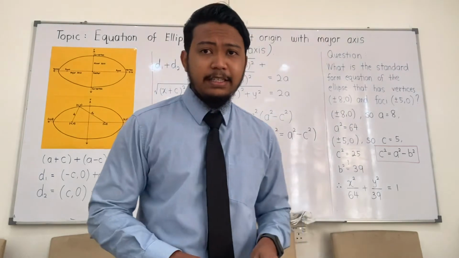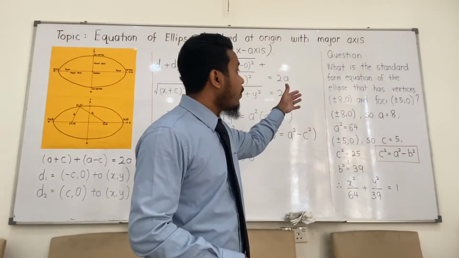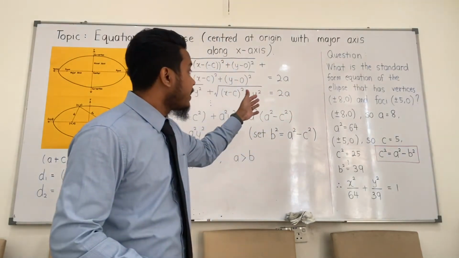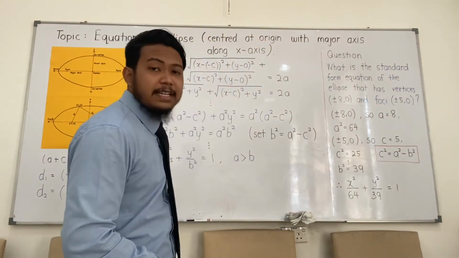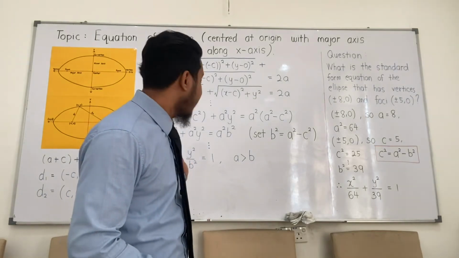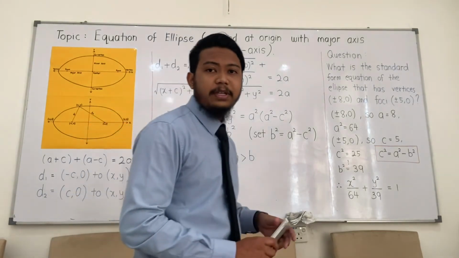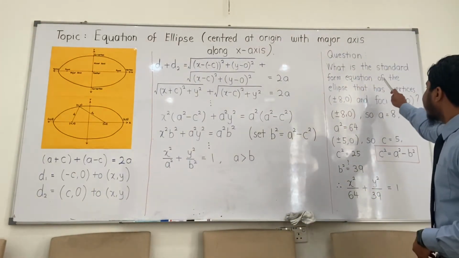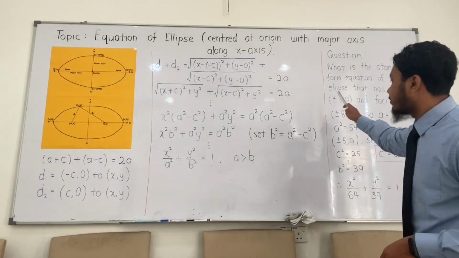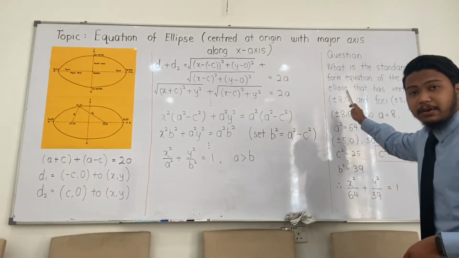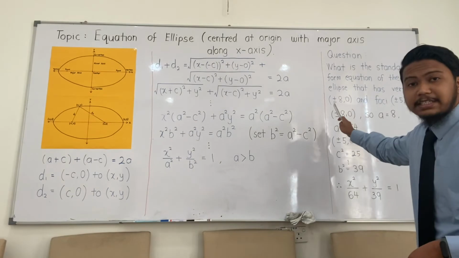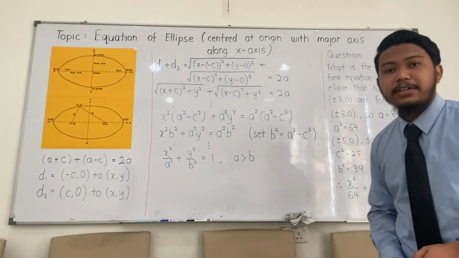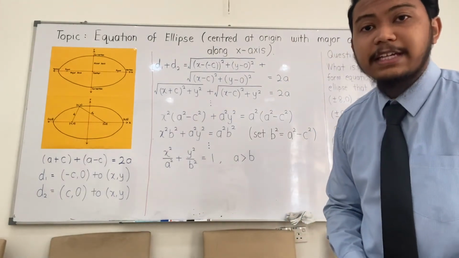Okay, then here is one question that I will solve by using the standard form that we got before. The question said, what is the standard form equation of the ellipse that has vertices plus minus 8, 0 and foci coordinate plus minus 5, 0.